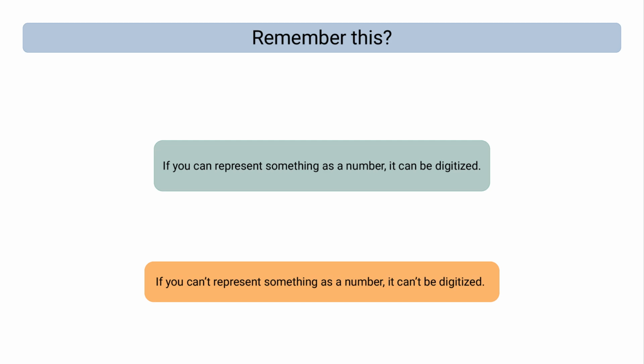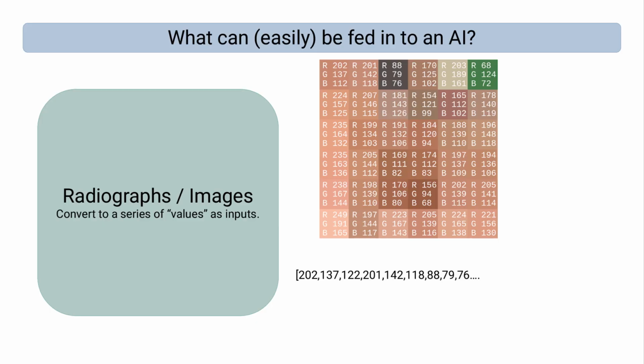If you cannot conceptually come up with a way to get something as a number, then it's a very difficult AI problem to have. So the reason why I spent so much time going over digital data is because it would then make sense on how these kinds of information would get in as input to the AI and then would generate that output.